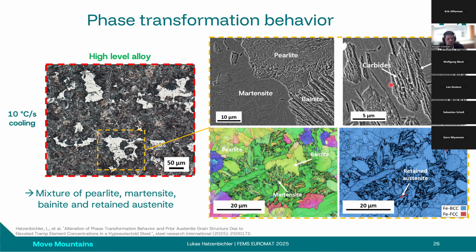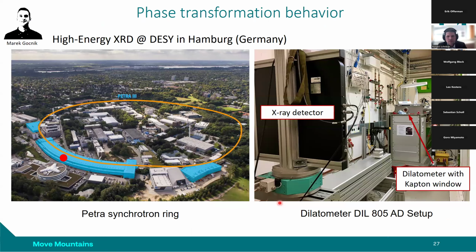In order to investigate that in more detail, we also performed high energy X-ray diffraction using synchrotron radiation. We went to Hamburg in Germany, where we have access to use high energy X-ray diffraction. I have to acknowledge another PhD student who's working on that topic, Marek Gocnik.